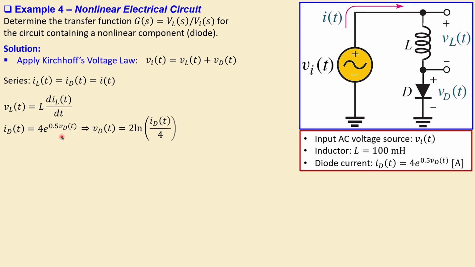Now we need to replace this and get the voltage out of it in order to use this Kirchhoff voltage law. So replace this, we can now divide by 4 and then take the ln of that one and then divide by again 0.5. So in a couple of steps you will get this expression in volts.